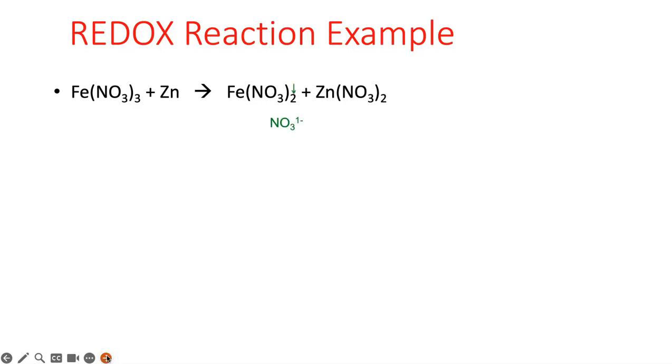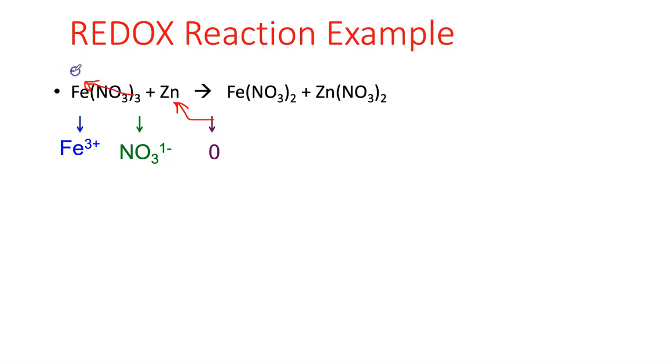So what did you say? Did you figure out NO3, of course, is a -1, as we already know. That's zinc right here. And hopefully you came up with that iron is a 3+. Now, how am I coming up with this? Well, I'm just uncrossing that and figuring out the charge that iron was at the beginning. And then I'm figuring out what the oxidation states of my ions are at the end.